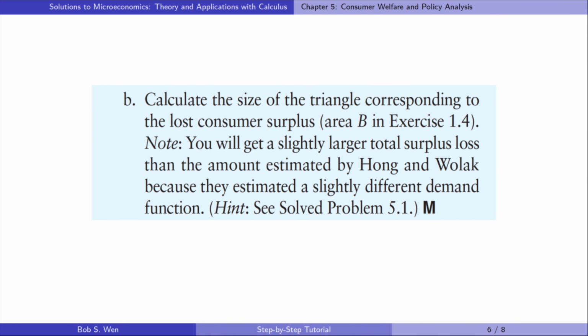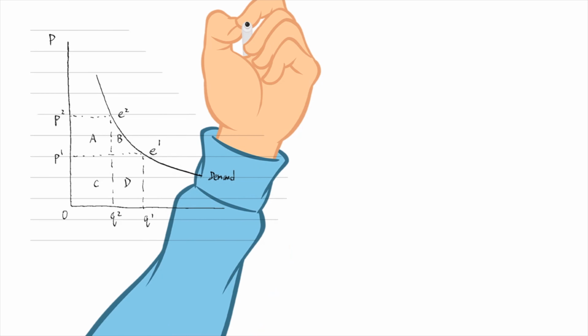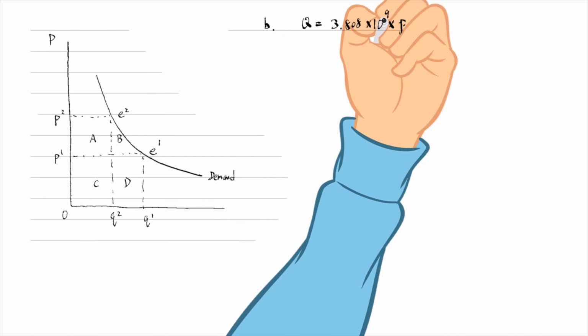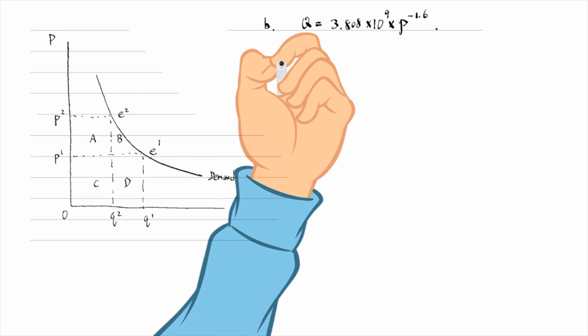In part B, calculate the size of the triangle B corresponding to the lost consumer surplus. First, we have the demand function, from which we can calculate Q2.